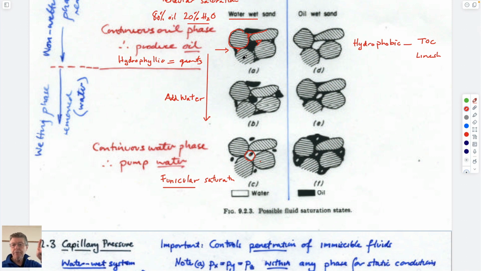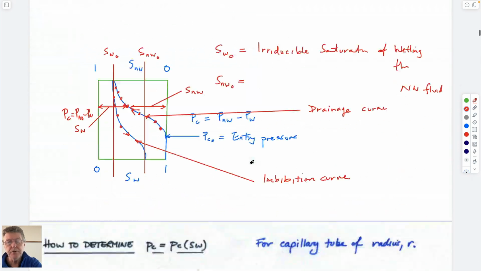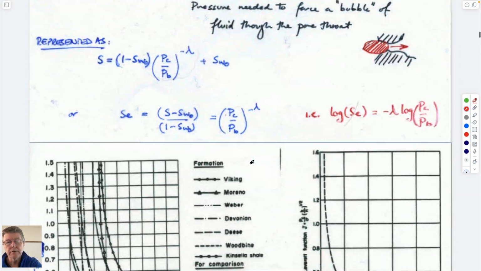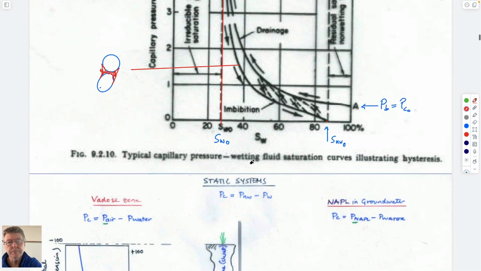And as you come down in capillary pressure to this funicular saturation, this is the most amount of the non-wetting fluid that you can get out of it, and the non-wetting fluid will sit as a bubble inside the water saturated part. And this represents the behavior that you have at this point here.